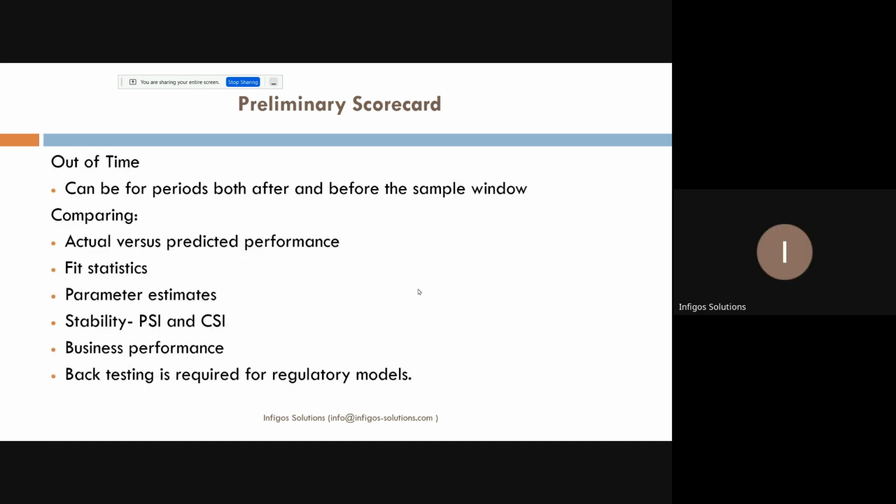When you do the comparison, you want to look at all metrics, which could be ROC, KS, Gini, Fisher statistic, parameter estimates, whether parameter estimates are similar, PSI, and business performance. So you compare all those things on the out of time sample with the development sample to do the out of time validation.